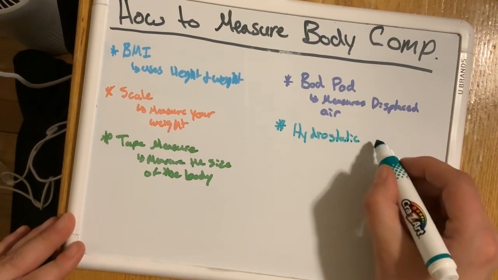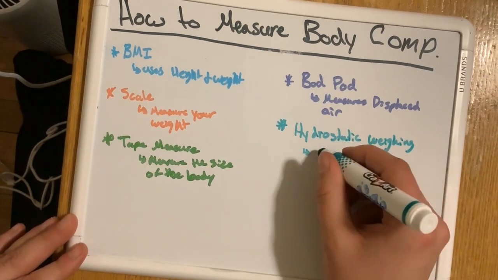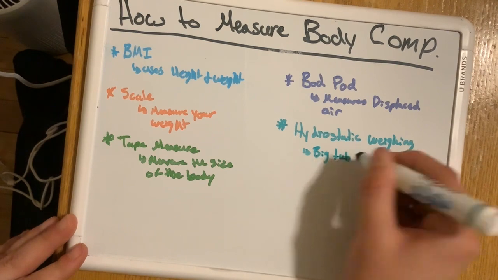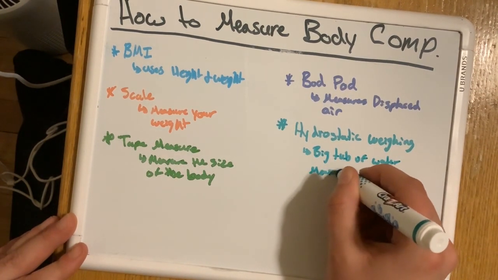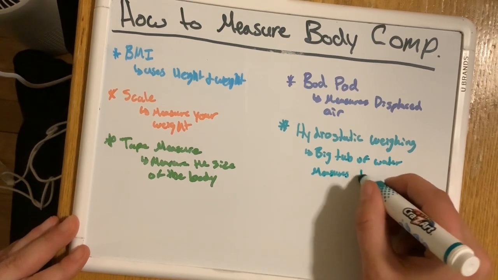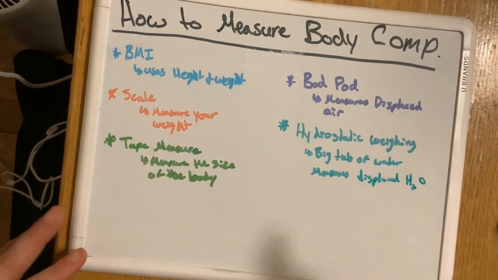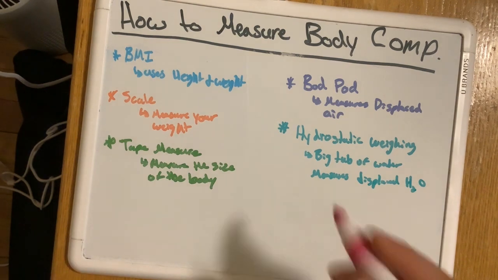Hydrostatic weighing is basically like a big pool of water or a big tub of water where you get in and they measure the amount of water displaced. Now, with that, they can also sense different kinds of muscle tissue within that person, but they get a lot more information from hydrostatic weighing and Bod Pods. This is because there's more of a scientific process behind it.